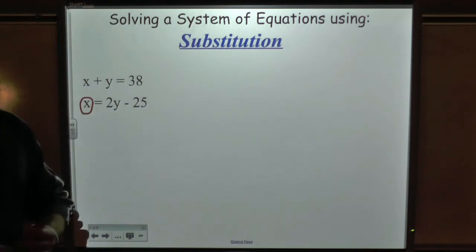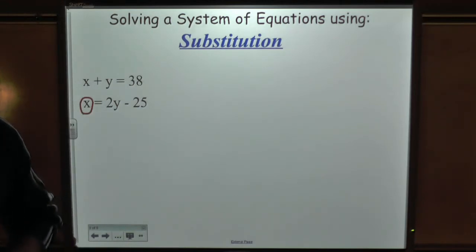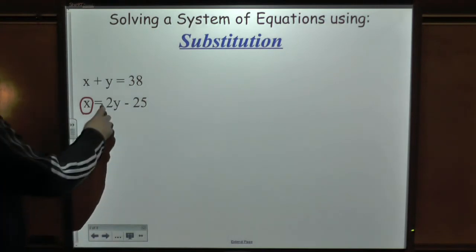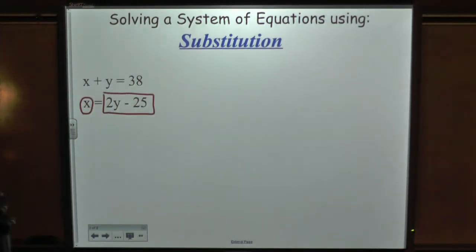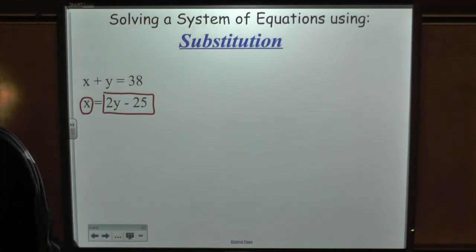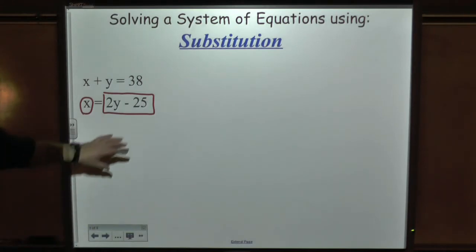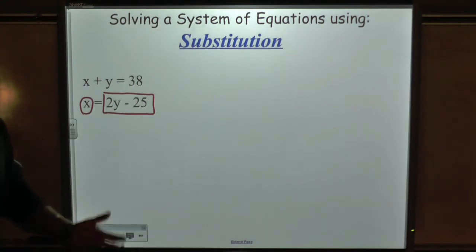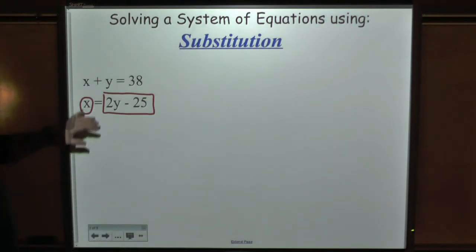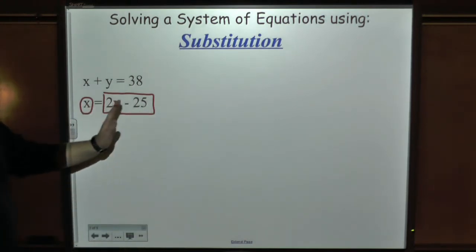Now this is the toughest part about substitution, understanding what the value of x in this case is. The value of x is this 2y minus 25. Yes, I understand it's not an actual number because we don't know what y is, and that's okay. But y represents a number. We just don't know what that number is yet. x is equal to this amount.